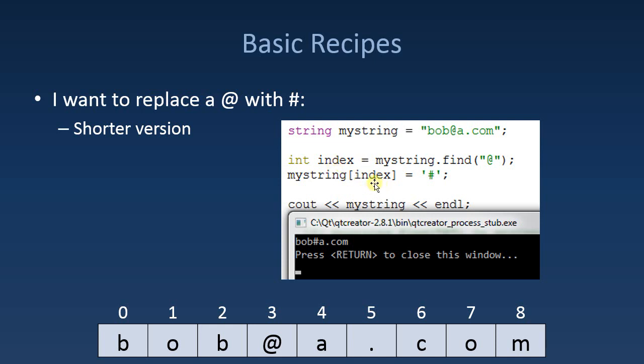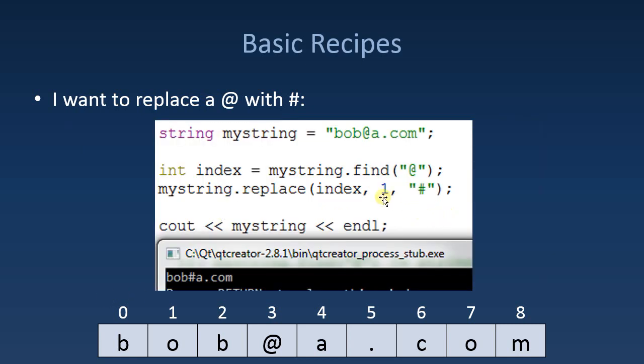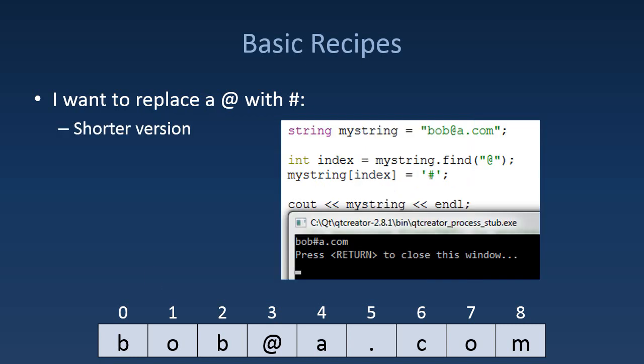This says change the character at index 3 to the hashtag, and we'll get the same result. Replace is a little bit more flexible in that I can replace more than one character. I could replace, say, 5 characters with just 1 character. I could replace 1 character with a huge string. But if I just want to replace 1 character with another, this version will work too.